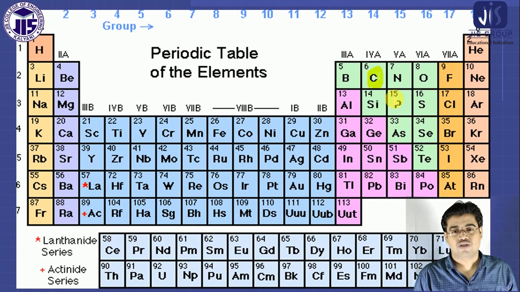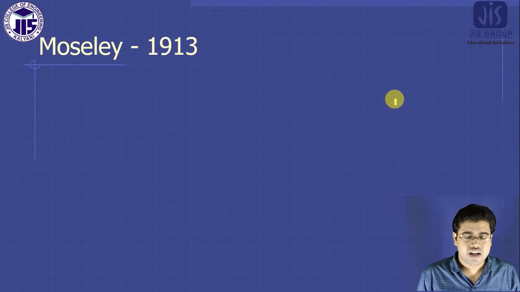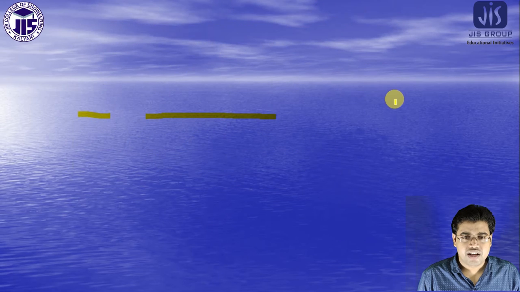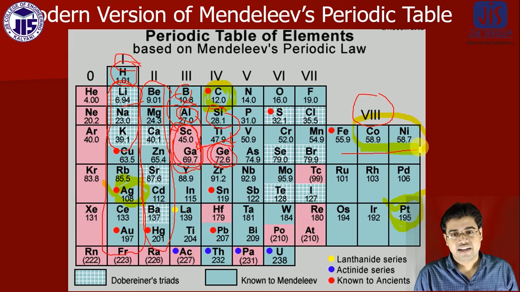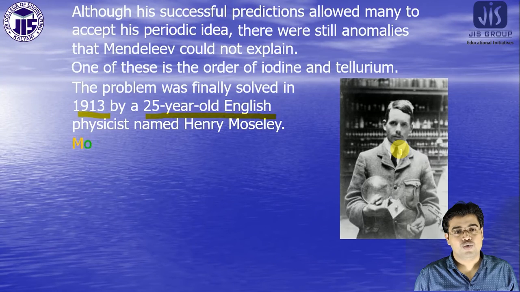Here there is no such problem, because if we go to Mendeleev's periodic table, just look at cobalt and nickel. If we think about cobalt and nickel according to atomic number, nickel has the higher atomic number with respect to cobalt.